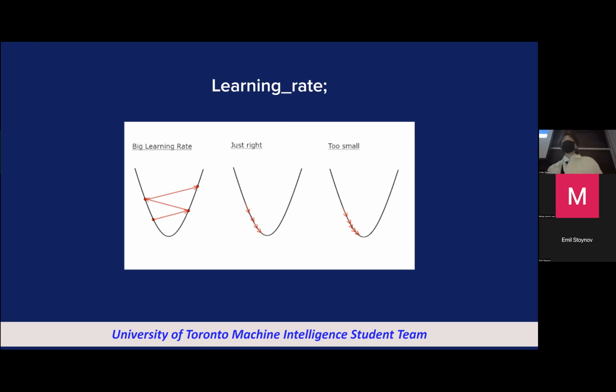And here, we've actually already talked about the learning rate before, but I just want to show you what happens when you have a big learning rate, a just right learning rate, and a too small learning rate. So just a quick recap. What is a learning rate? Learning rate is basically the magnitude that you update at each step of your back propagation. It's the magnitude of changes.